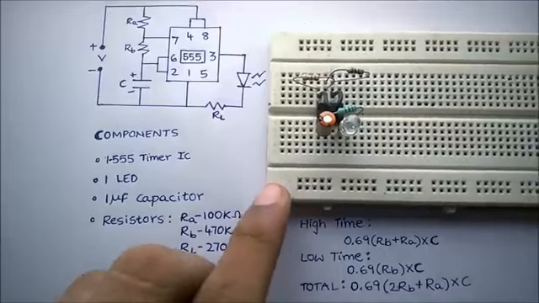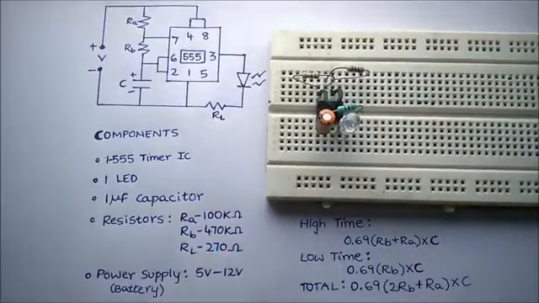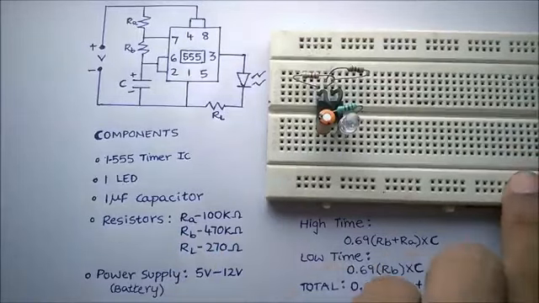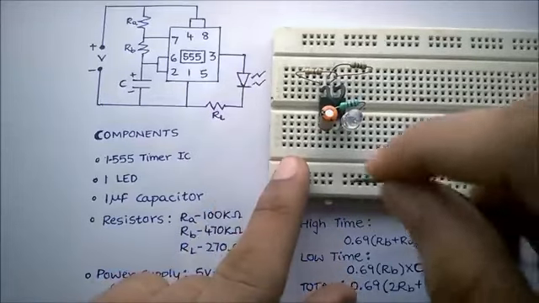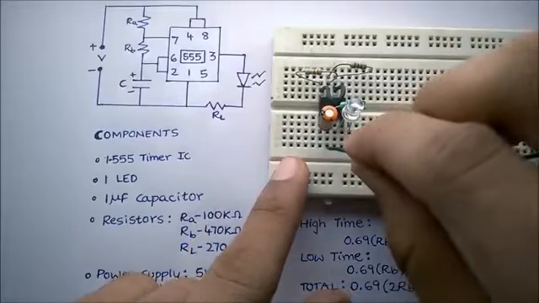Now we are good with all the connections. We can connect the power supply. So the negative terminal, which is ground, goes to pin number 1.